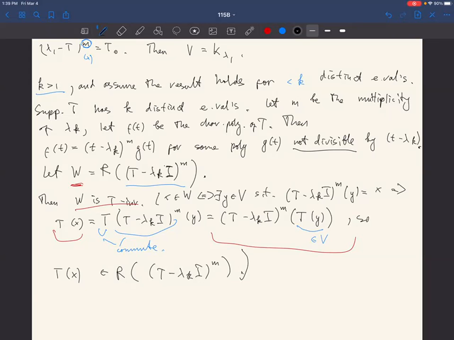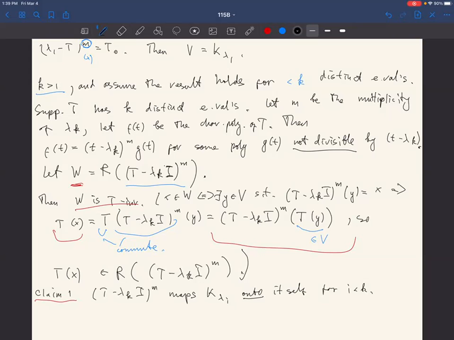So the first claim that we have here, claim 1, is that (T - λ_k I)^m, this linear operator, maps K_λi onto itself for all i less than k.